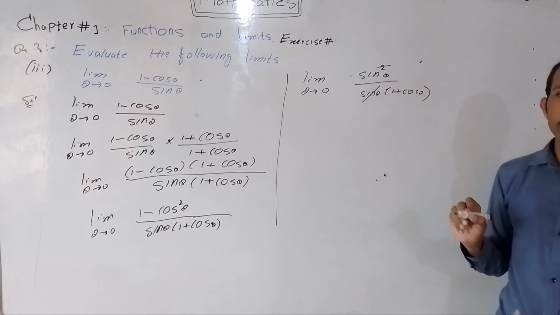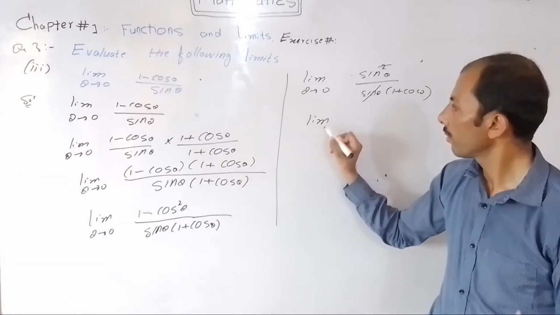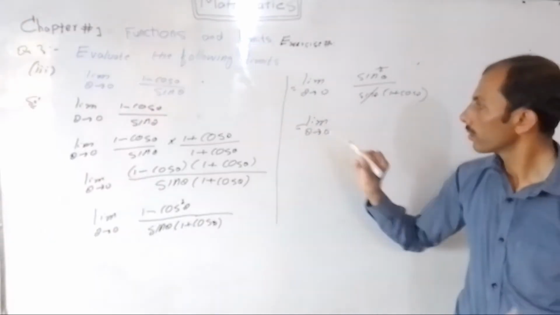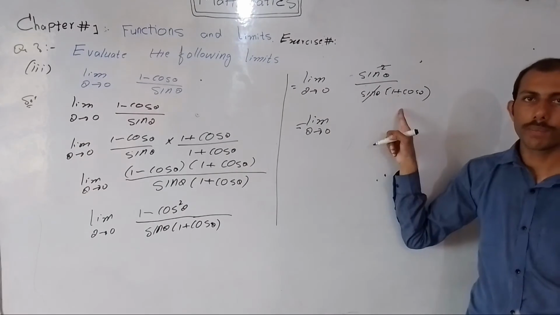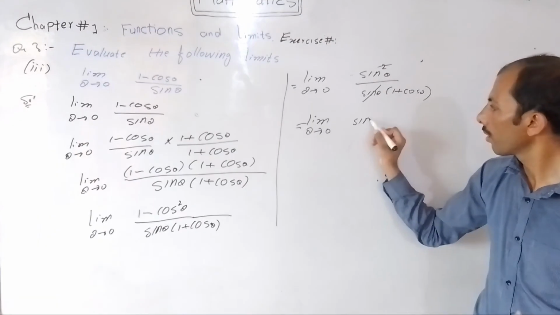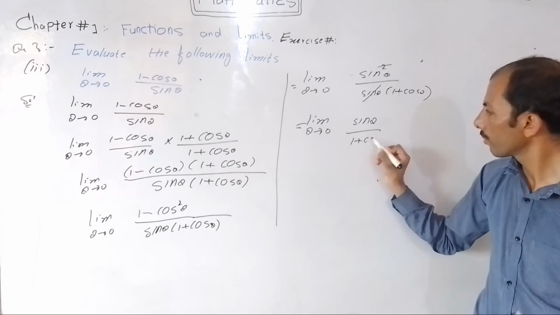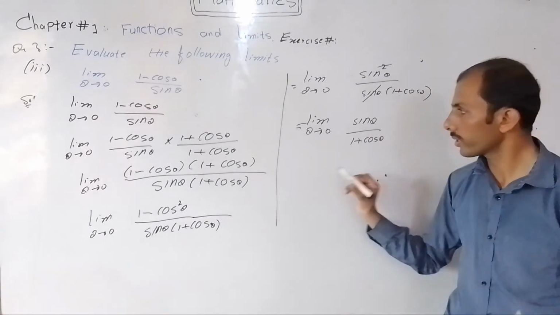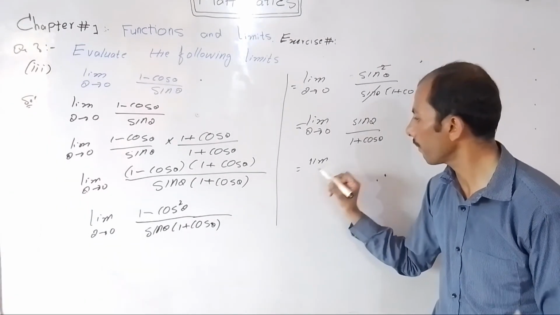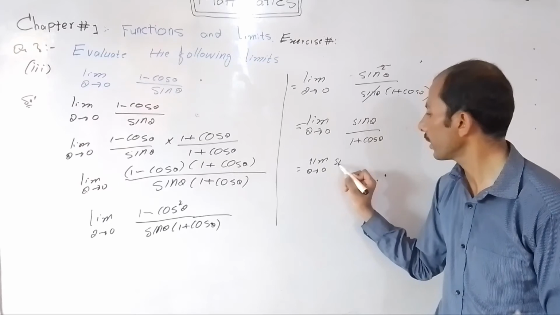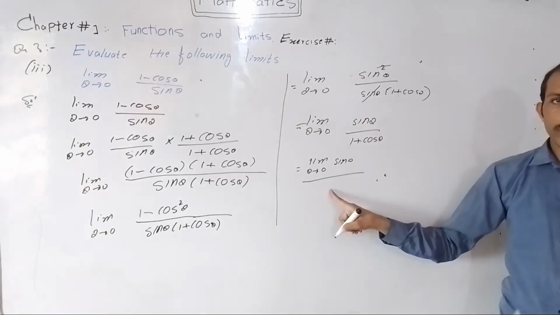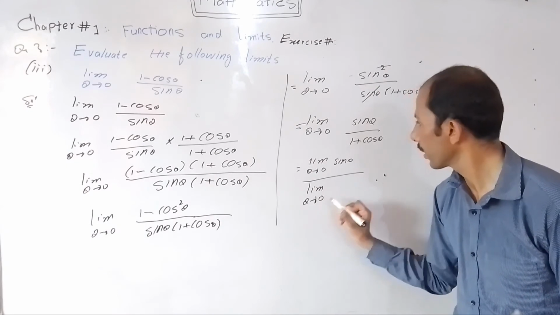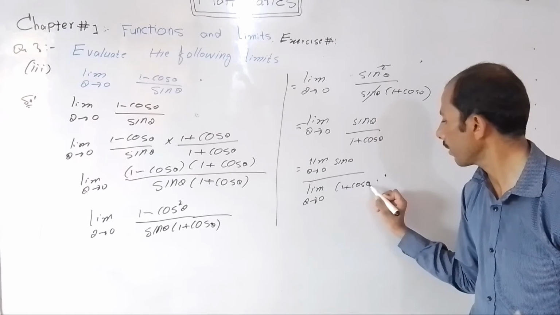Sin cancels, so limit theta approaches to 0 of sin theta divided by 1 plus cos theta. Using the quotient rule of limits, limit theta approaches to 0 of sin theta divided by limit theta approaches to 0 of 1 plus cos theta.